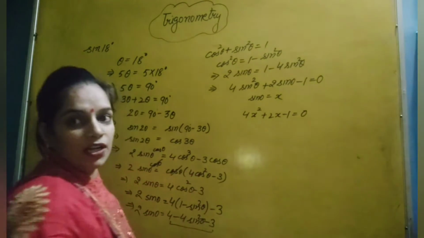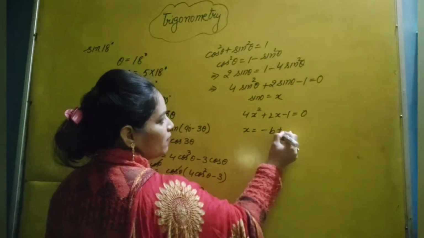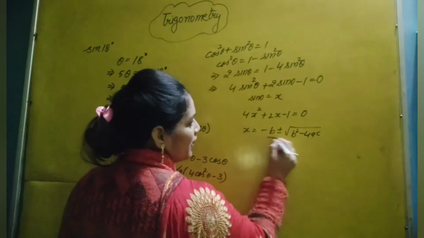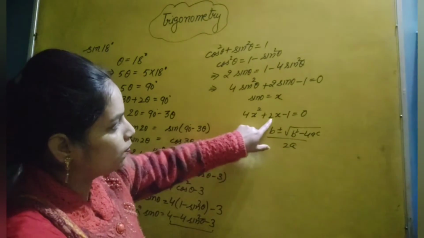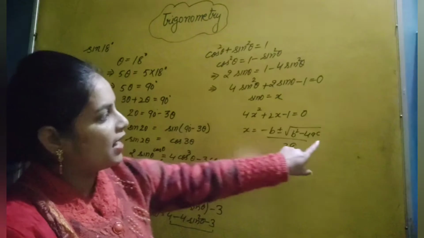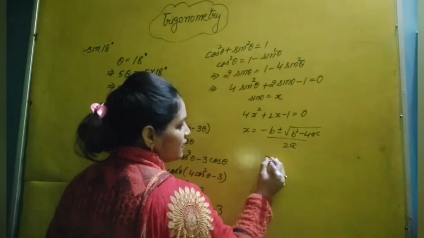With the help of the quadratic formula, the value of x becomes minus b plus minus under the root b square minus 4ac, that is the discriminant, divided by 2a. Here b is the coefficient of x, that is 2. a is the coefficient of x square, that is 4. And c is our constant term, that is minus 1. Now I will put the values of a, b and c.